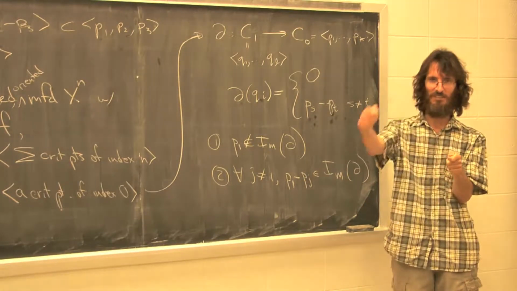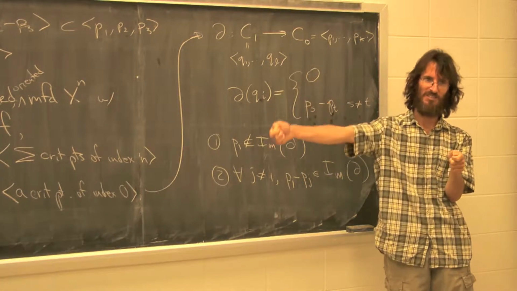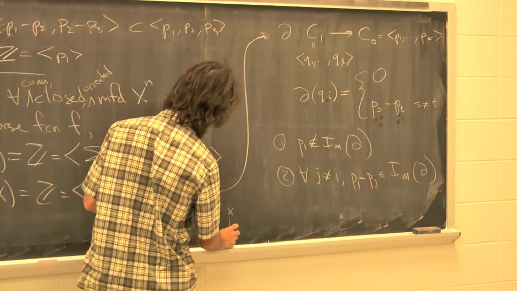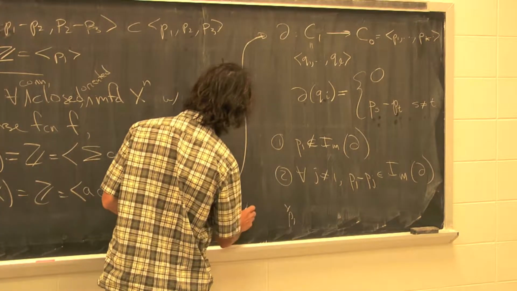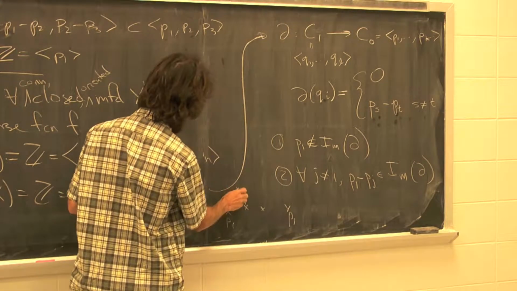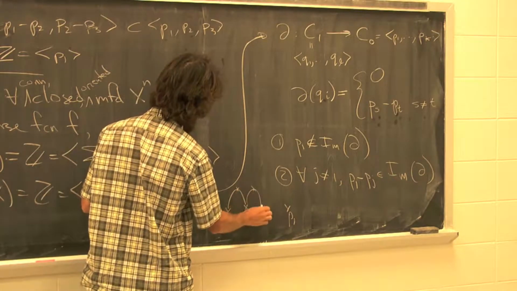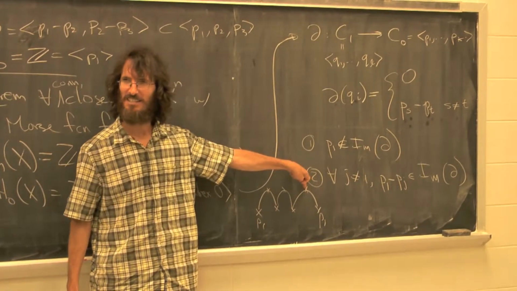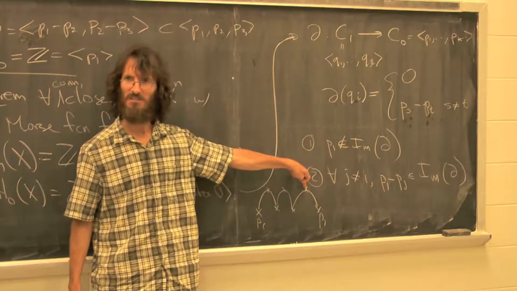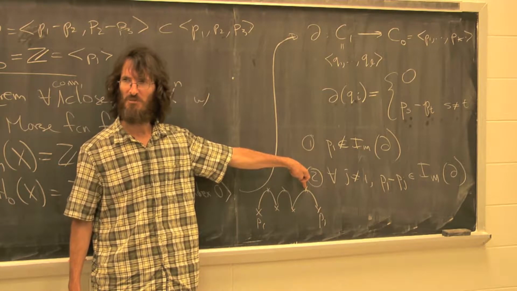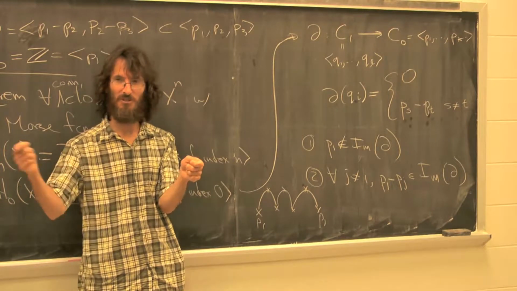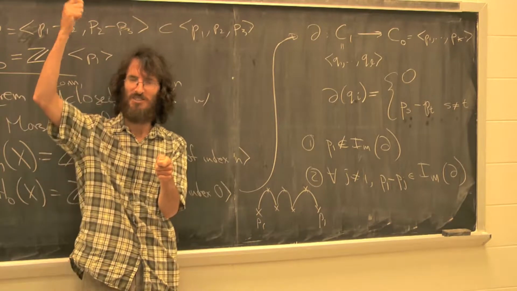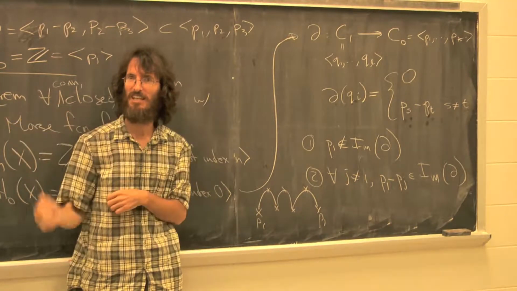So you basically need to find a path of 1-handles that goes from P1 to Pj. You think of your index 0 here's P1, and here's Pj, and you're going to find some other things so that you've got an index 1 critical point there, and there, and there. Now, if such a path does not exist, that's going to mean your manifold is disconnected. Because the only way to connect up index 0 critical points, if your index 1 critical points don't do it for you, you're not going to be able to do it with higher index critical points, because they don't connect disconnected things.